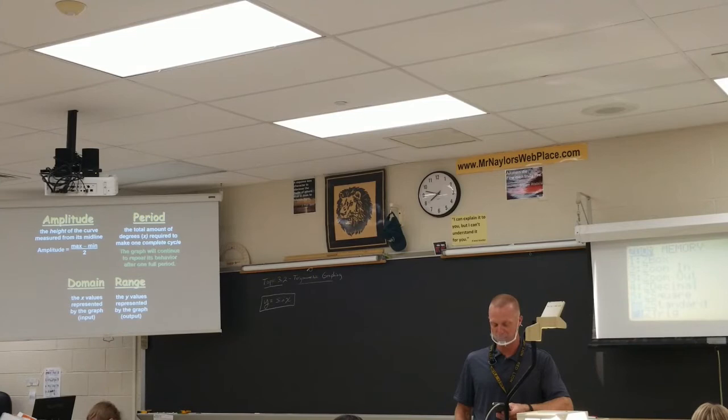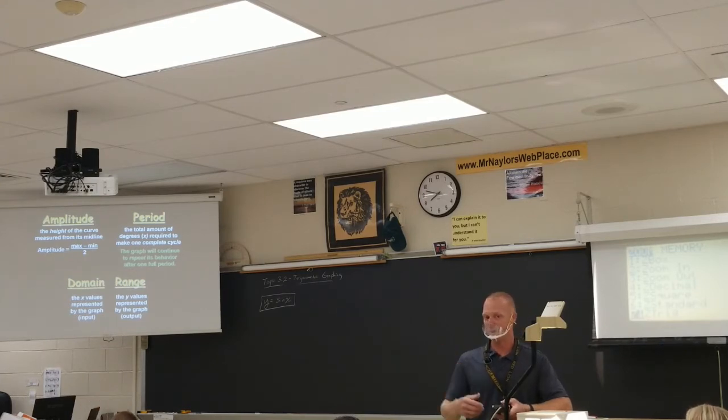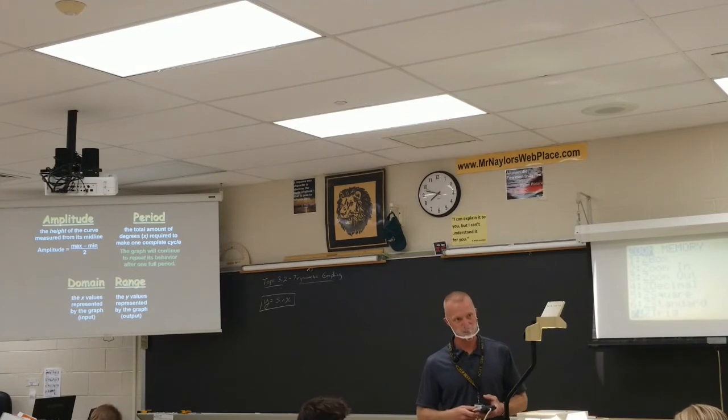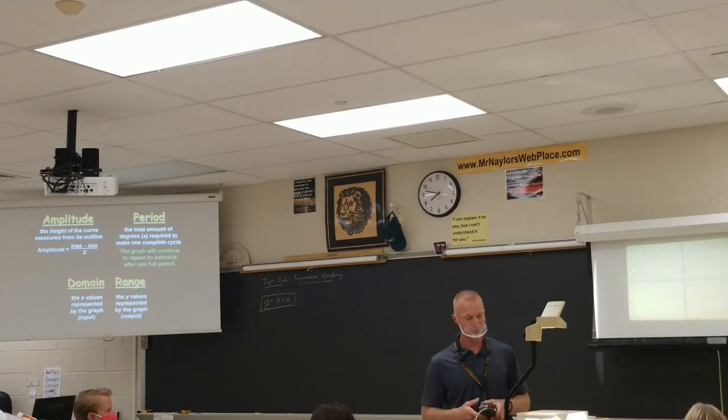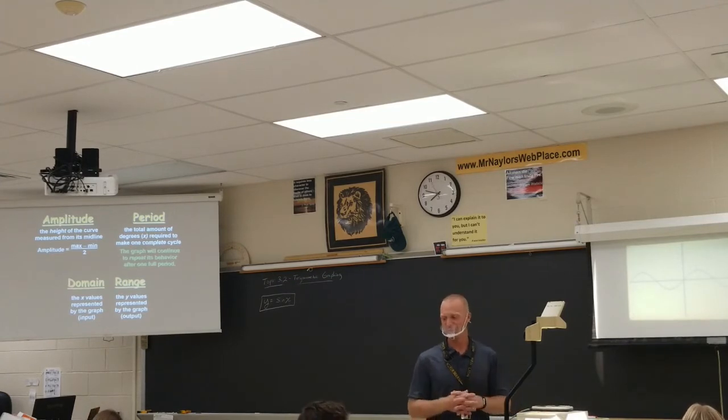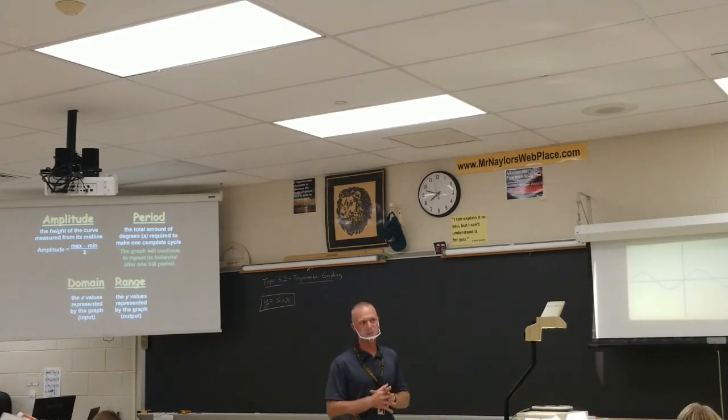I hit the zoom button, top middle, and scroll down to number 7, which is zoom trig. What this does is reset the window to match degrees. Kind of like yesterday when you graphed by hand, you needed a special window. You needed to go by 30 degrees.